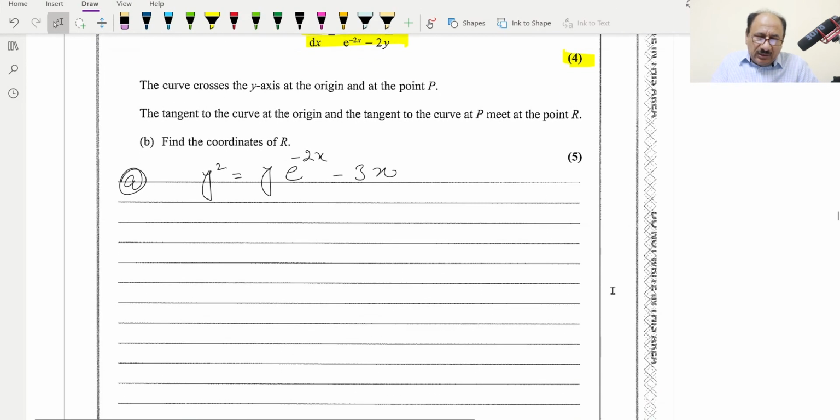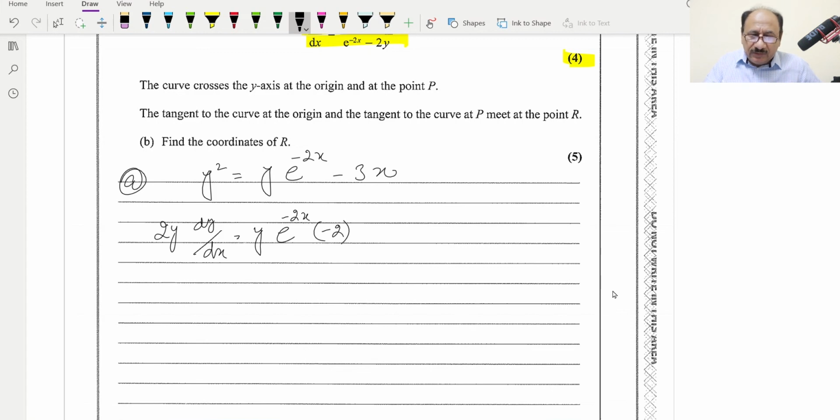Now we can take the derivative. The derivative of this side will be 2y dy over dx, and this will be equal to, as it is the uv formula that we will be applying over here, y as it is, and the derivative of the second function. So the derivative of e raised to the power minus 2x will be e raised to the power minus 2x into the derivative of minus 2x, which is minus 2.